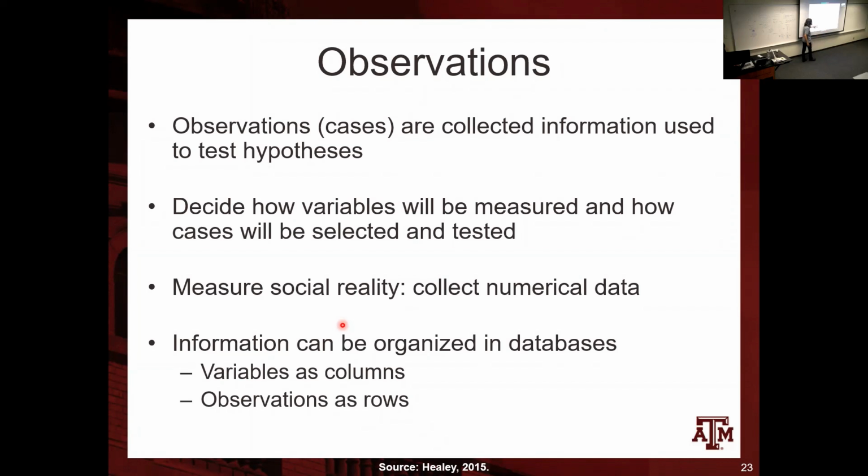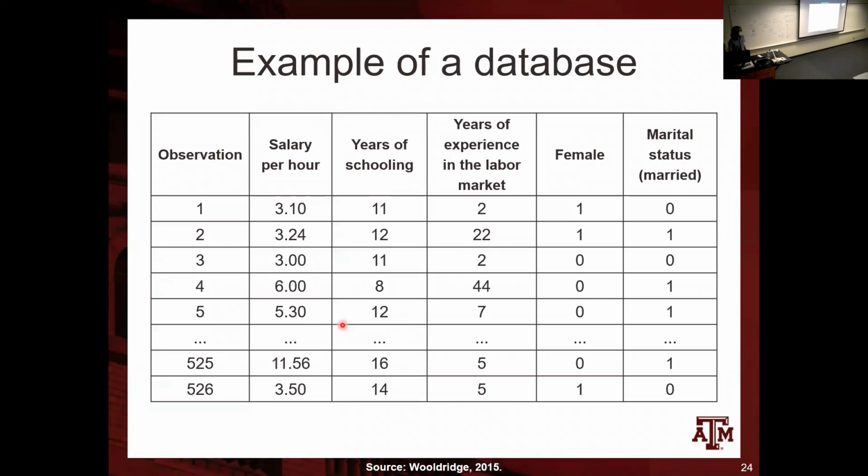And all this information is organized in databases. My database is going to have the variables as columns and the observations as rows. So this is one example of a database. We interviewed 526 workers, and we asked what their salary per hour is, years of schooling, years of experience in the labor market, how many years they have been working, whether they are women or men, and their marital status.